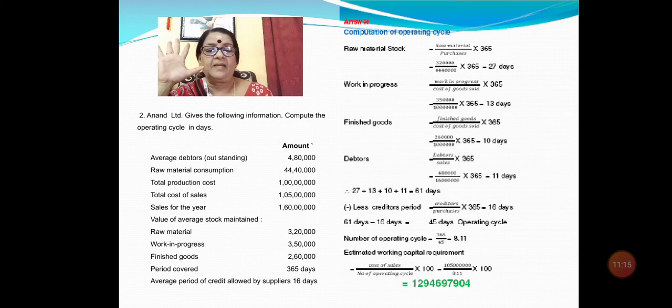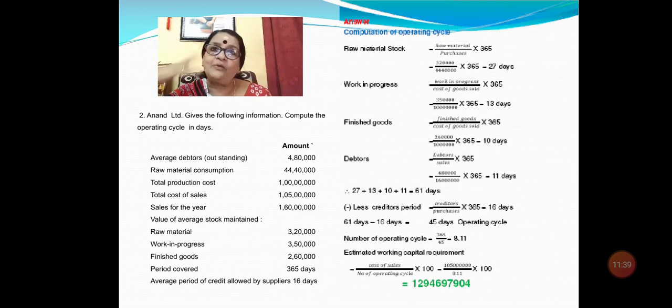45 days. Now here in this problem we can also find out the number of operating cycles. Number of operating cycles means 365 days are in a year and our one operating cycle is 45 days. The number of operating cycles will be 365 divided by 45 days.